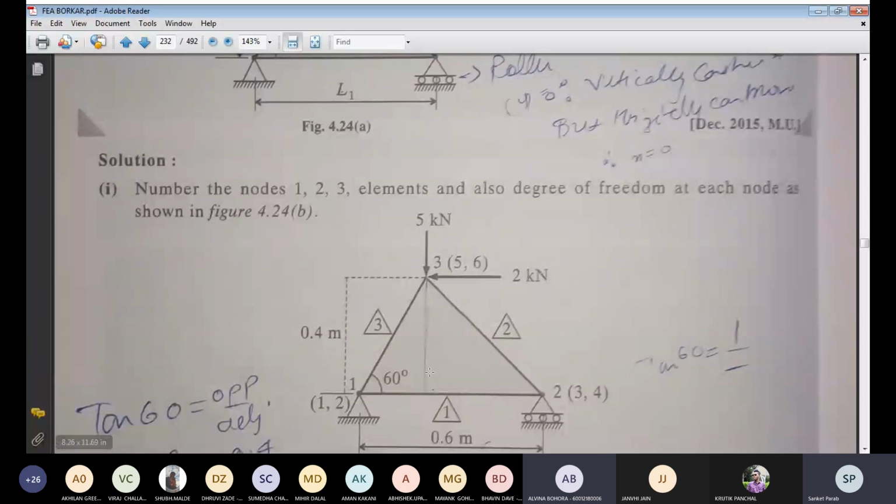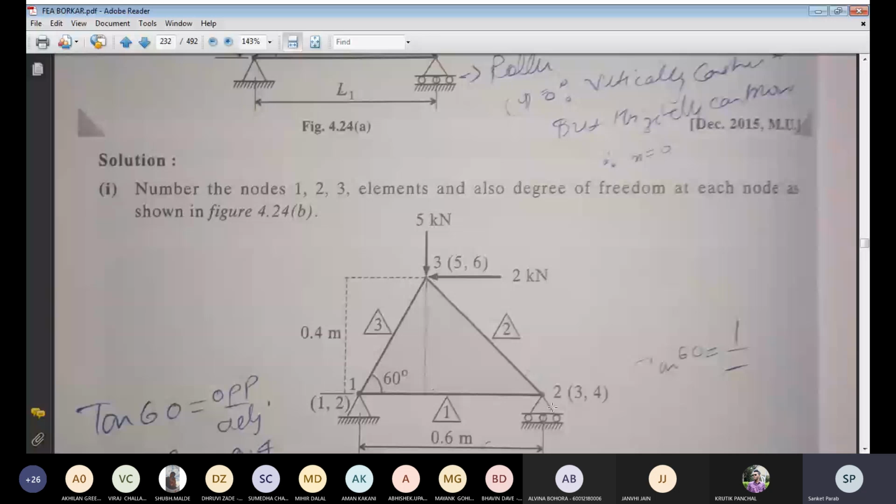See, the fixed part, because it is constrained over here in both directions, you will have reactions P1x and P1y. Because it is fixed here, it does not have deflection but it has reaction. And at the second node, it has a roller support, so it is constrained only in the y direction.